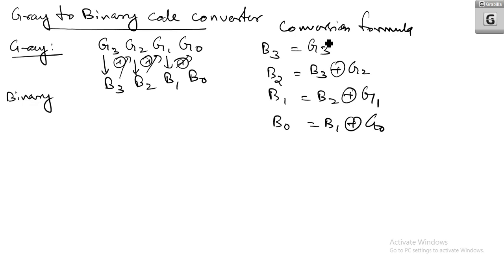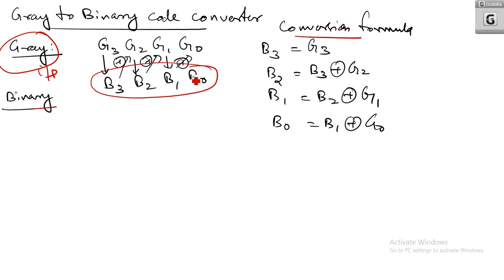Okay. Now you need to realize a logic circuit for this. So here gray code is the input and binary code is the output. So I am having inputs as G3, G2, G1, G0.